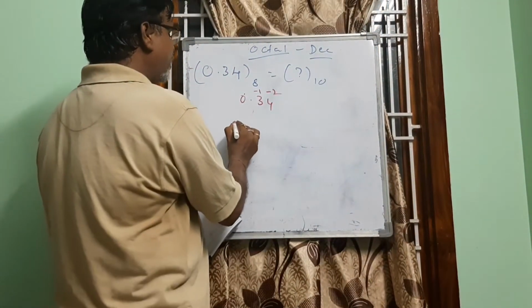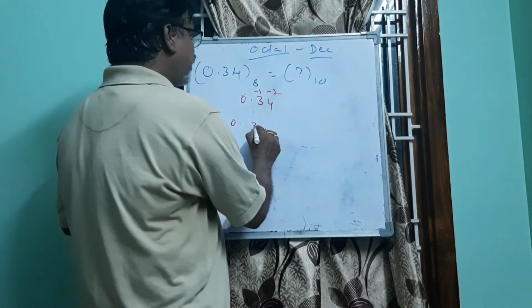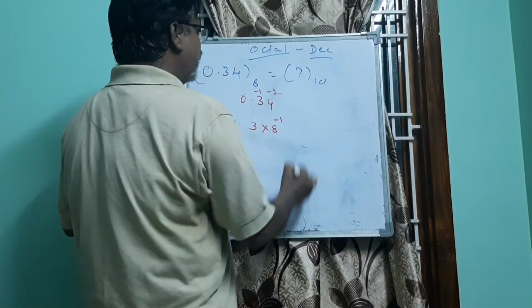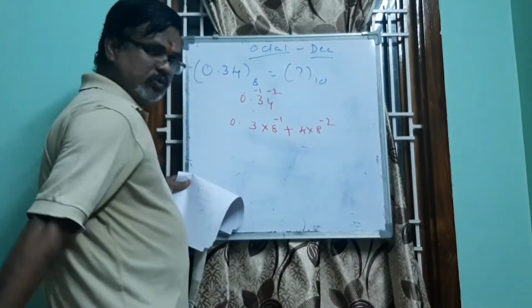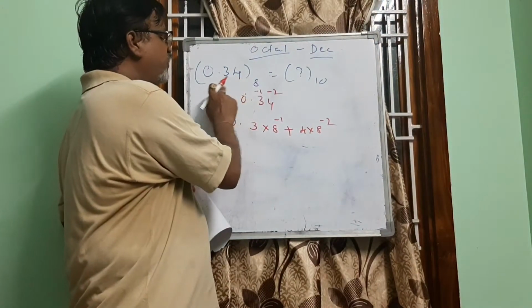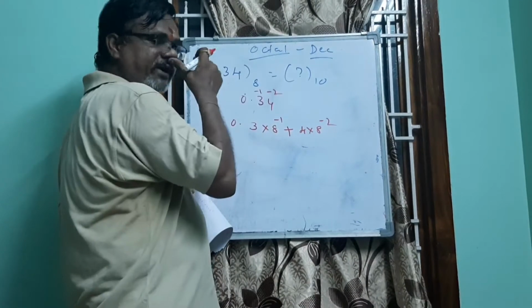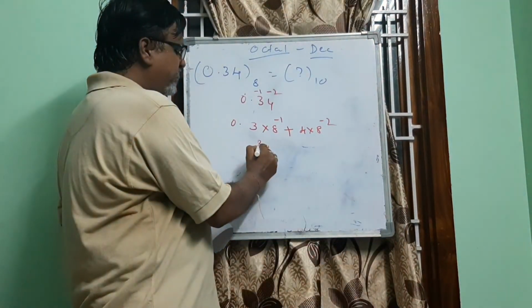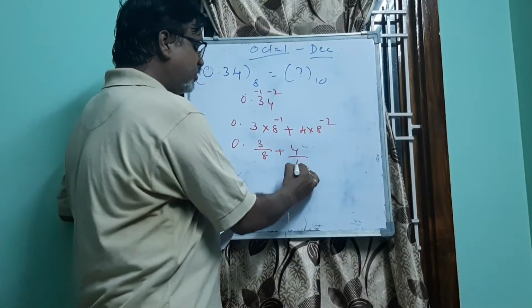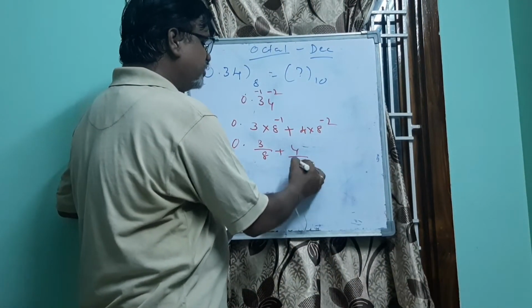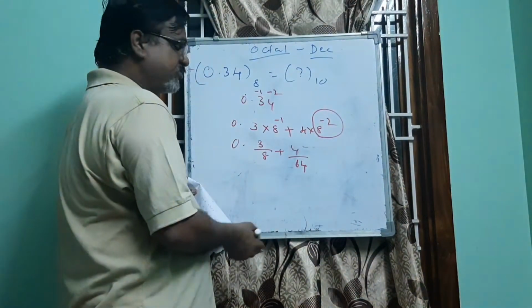So 3 into 8 power -1 plus 4 into 8 power -2. So 3 by 8 plus 4 by 64. Here 8 power -2, when it comes to the denominator, becomes 8 square, 64.